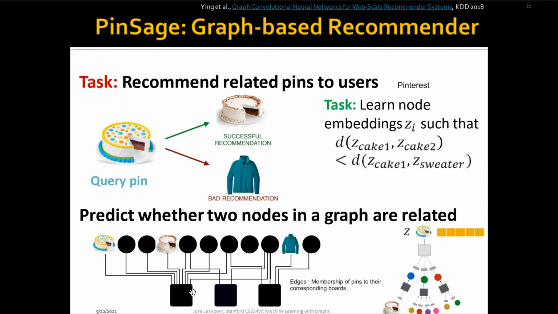So the board is kind of a connection of similar pins, or one theme of the board. Basically, one board will connect similar pictures together. And so this is the existing data.